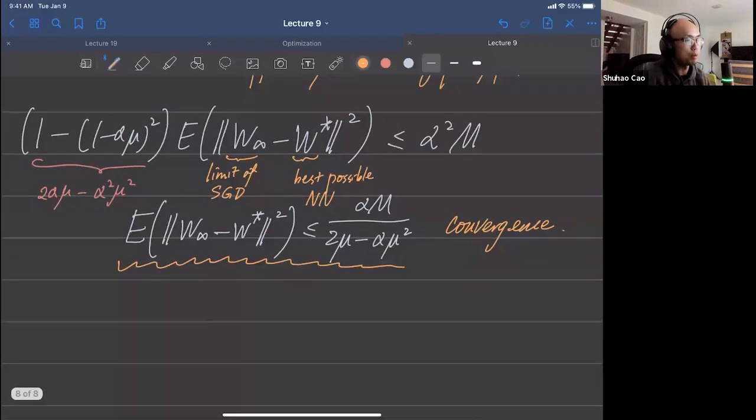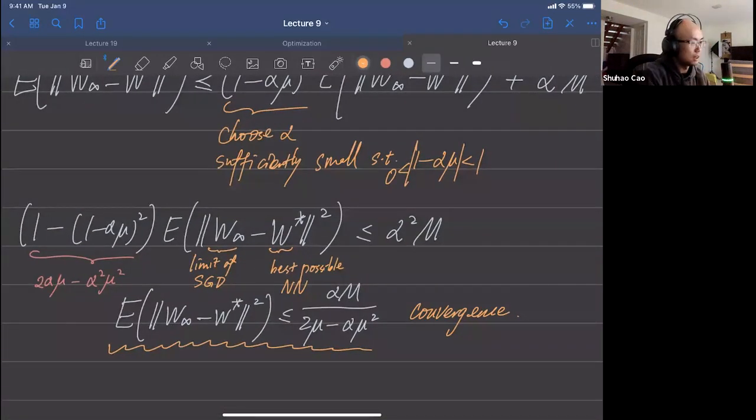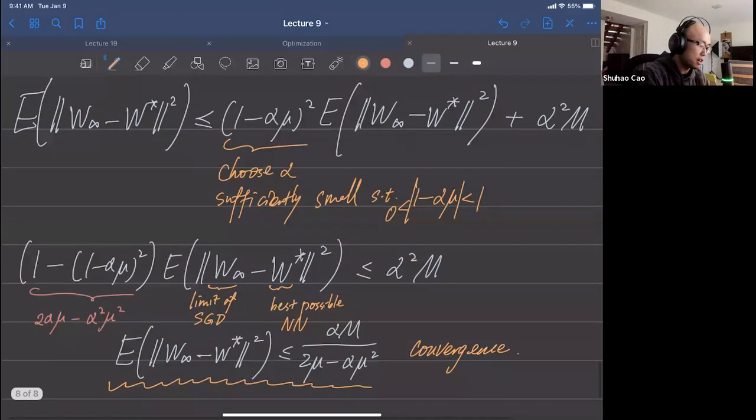And we try to interpret this result. In our gradient descent algorithm, if we scroll back, we're going to get the gradient descent algorithm.